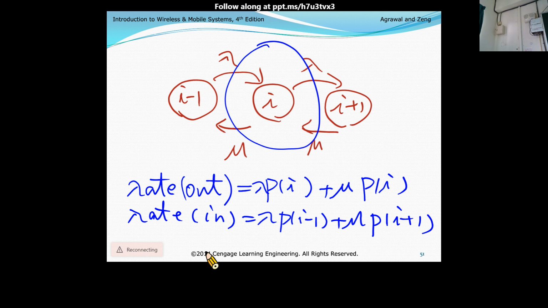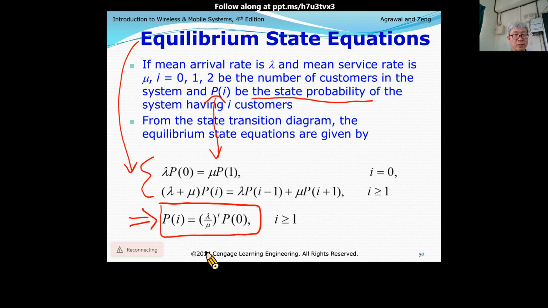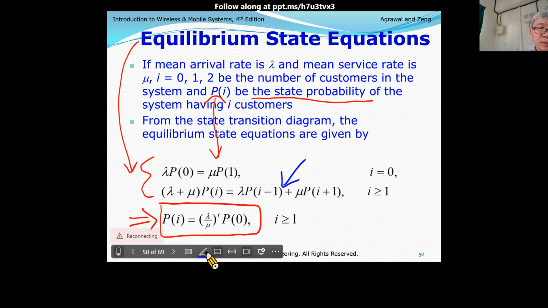If it is okay, look at this. The second one, right? So here it's rate out, and the right-hand side is rate in, am I right?